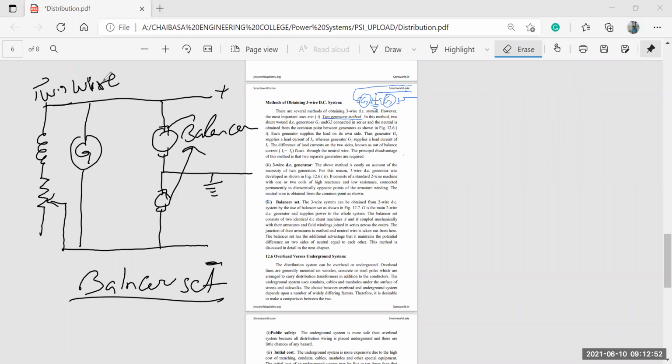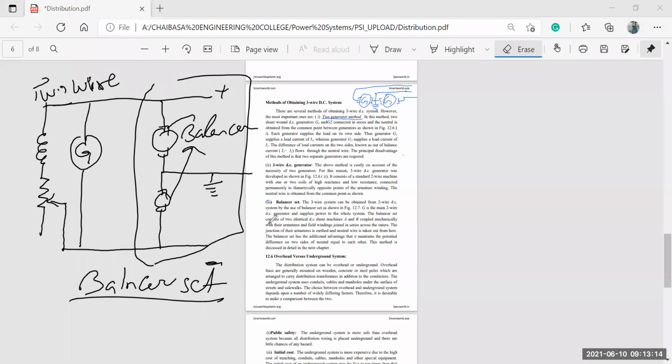But if we have to draw three wires for the three-wire system, we'll use this balancer to convert the two-wire system into a three-wire system. Over here it will be written: the three-wire system obtains from the two-wire DC generator and supplies power to the whole system.